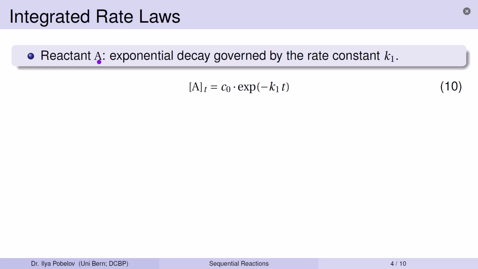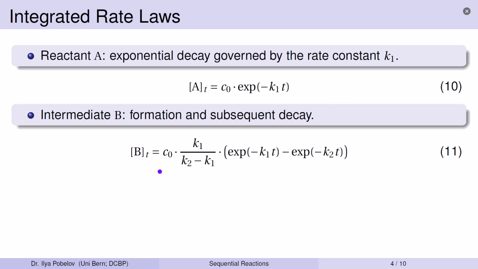For the reactant A, the concentration at any time t is given by the integrated rate law of the first order. This equation reflects the exponential decay of the concentration of A with time, governed by the rate constant K1.